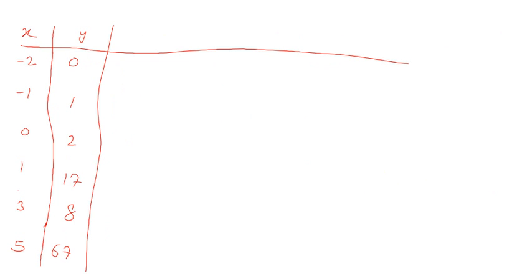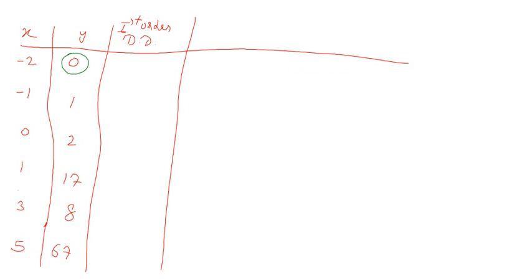So C0 is readily given here, that is f of x0. Now the first divided difference, first order divided differences. So the y column is the 0th order divided differences.